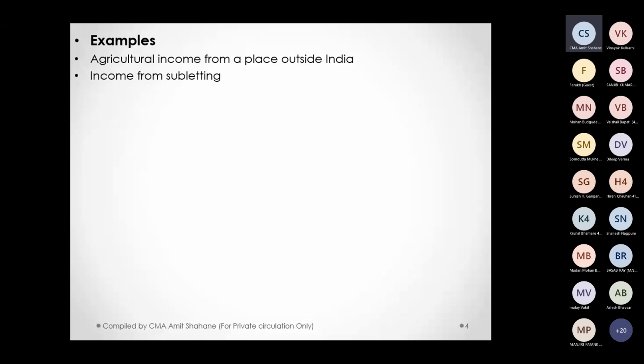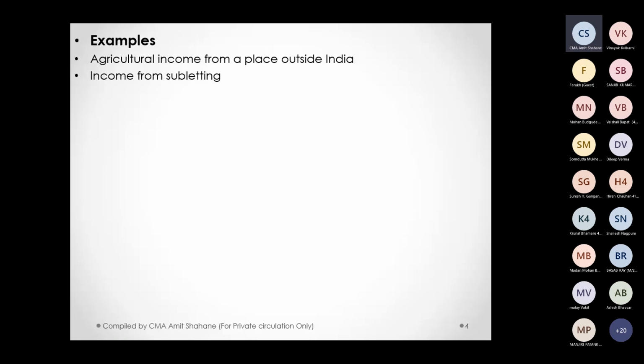That is, there has to be a building or land appurtenant thereto, and A, the assessee, should be the owner of that particular property. Now, coming back to B, what B has done is that B has sublet that property to C, and therefore B is not the owner of that particular property. And again, now you will understand and appreciate the relevance of this residual section or residual head.